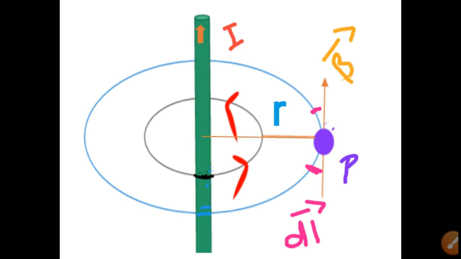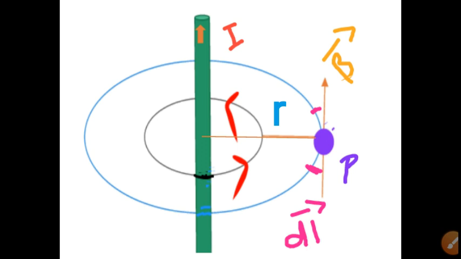Suppose we are going to find the magnetic field at the point P, then we are going to apply Ampere's law. To apply Ampere's law, first we have to draw an Amperian loop including the point P. Therefore, we have selected a circular Amperian loop drawn in blue color, and it includes the point P, and the distance of the point P from the conductor is r.